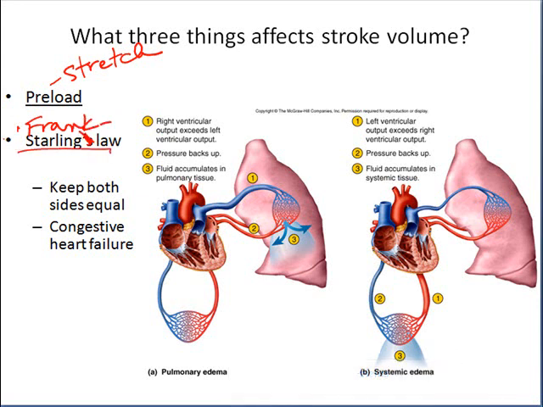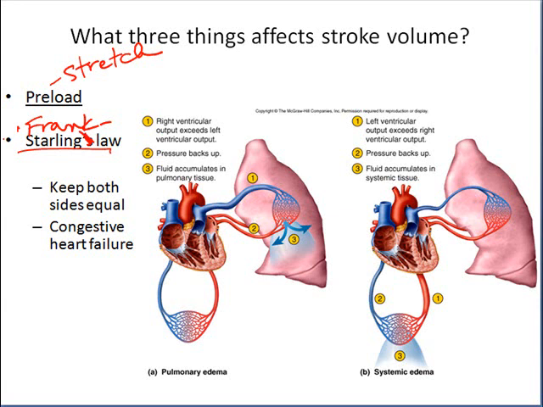And the Frank-Starling law basically says that the more you fill the ventricles, the stronger the contraction when they do contract. The importance of this is that by having the Frank-Starling law in place, the right side of the heart and the left side of the heart are able to keep up with each other.